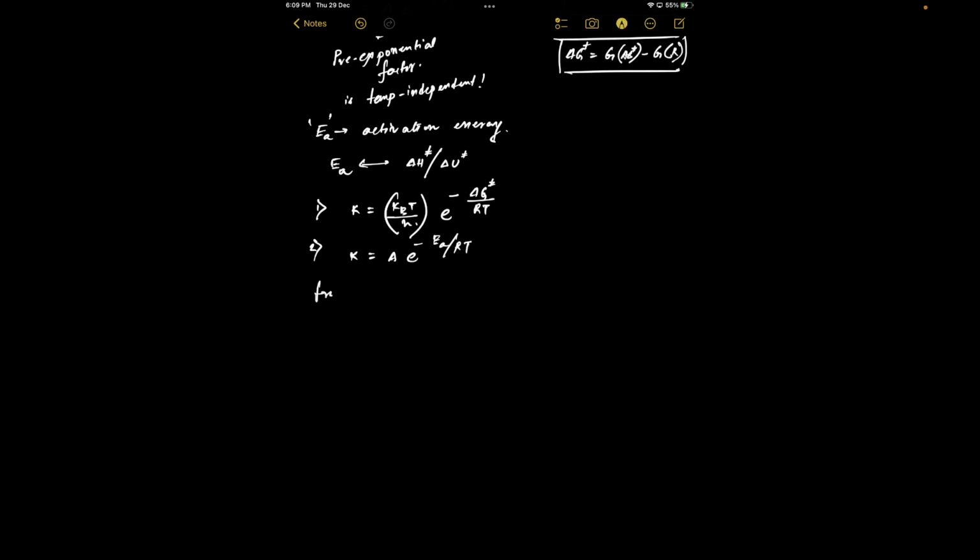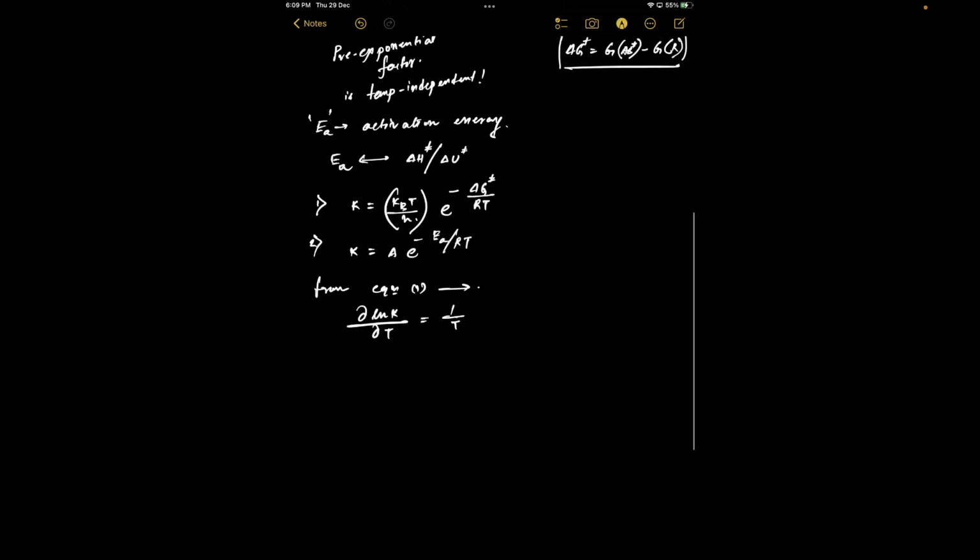From equation number 1, if we take the derivative of ln k with respect to T, we get 1 upon T plus the derivative for K double dagger, the equilibrium constant. We know from thermodynamics that if we take the derivative of ln of any equilibrium constant with respect to temperature, we get delta U double dagger divided by RT square.